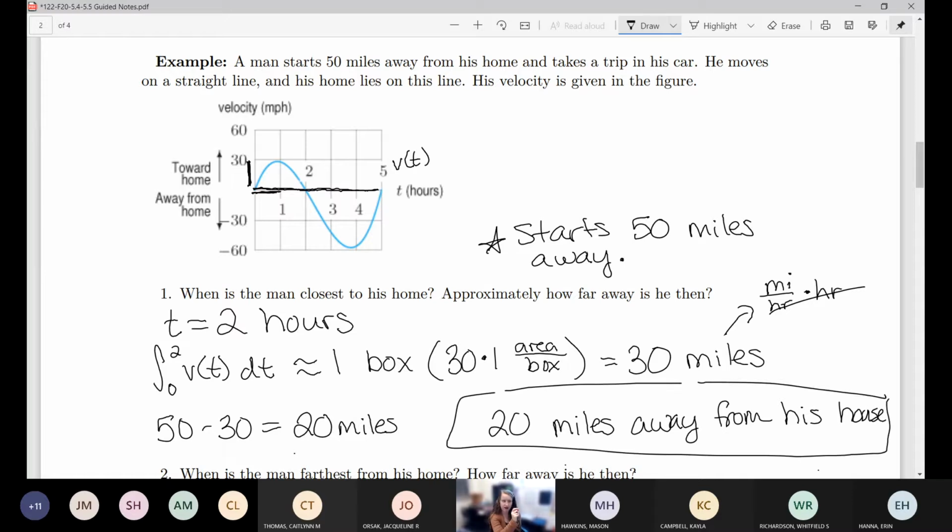So we not only had to find how far he actually traveled in that time, but we had to take into consideration where he was to start with, and then factor in how far he traveled. Questions on that before we go to another similar type question below?